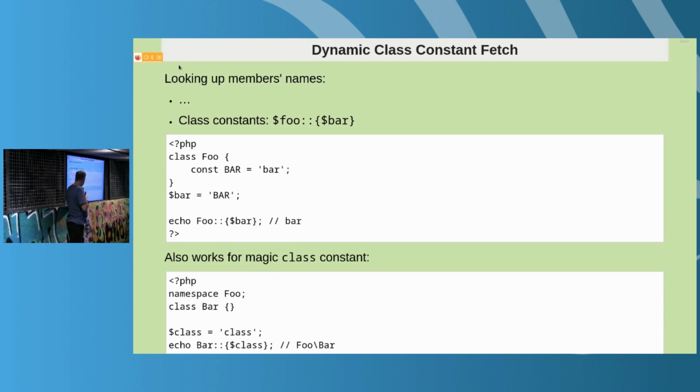So if you set, I mean, this is of course pretty pointless, setting the variable name in class to class and then using class, because you could just as well use class there immediately. But in some cases, that might be useful to have. And then, yeah, you get a fully qualified class name out of this. That's just there for completeness. Whether this is useful, probably not. But having the dynamic class constants here can be useful if you want to iterate over all of them. But then again, if you want to do that, you probably should have used an enumeration.